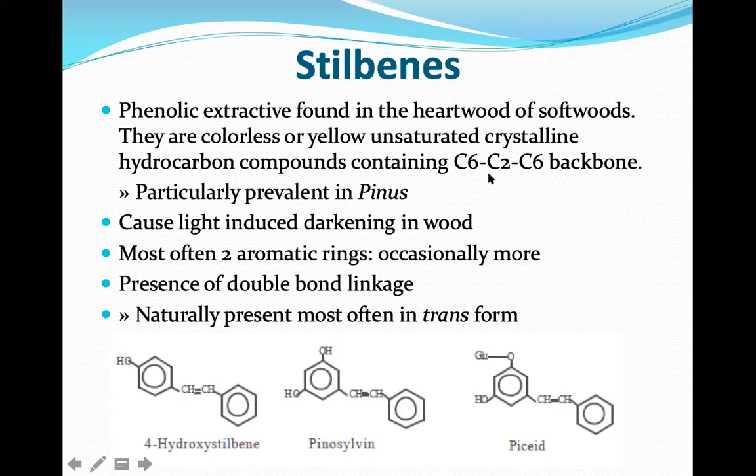So if you are asked what is the backbone of stilbenes, their backbone is C6, C2, C6. Here you see C6, that means one benzene ring connected to another benzene ring with a two carbon chain. So stilbenes are basically hydrocarbons, obviously phenolic compounds, and they are prevalent in many plants, including the pinus.